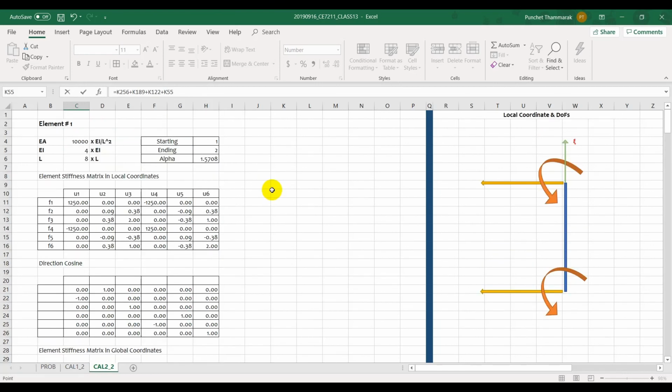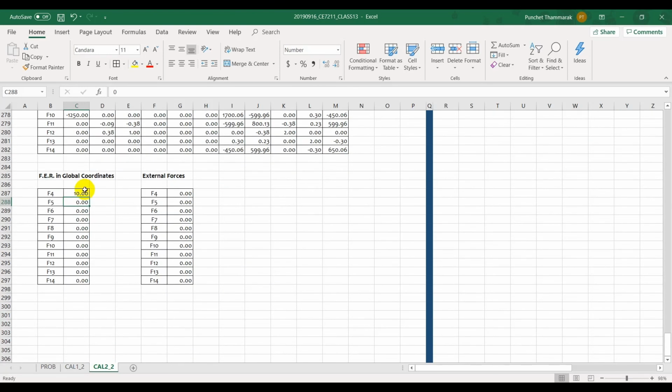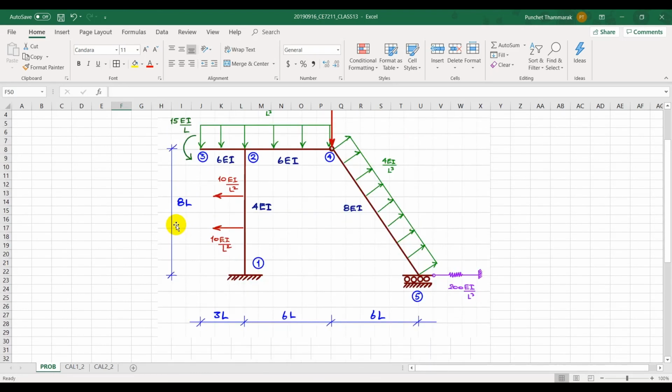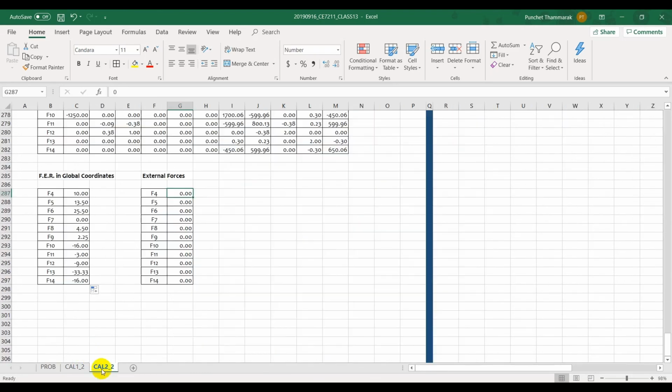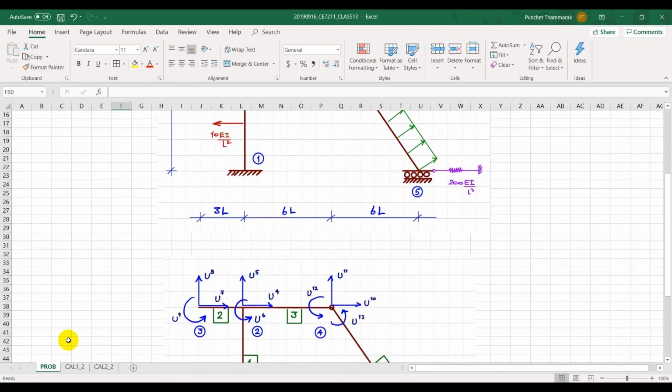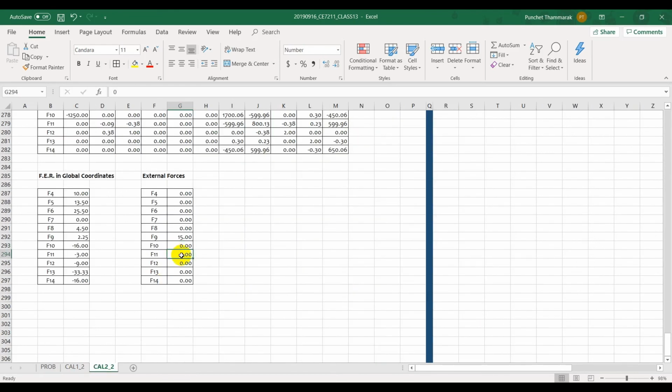Done. The last one. Copy down. For external forces, we come back here. This DOF is number 9, 15 plus 15, and number here 11 minus 20.